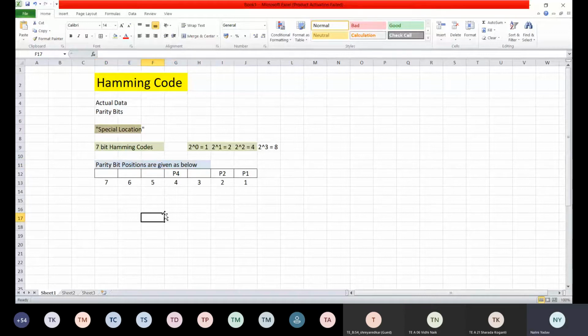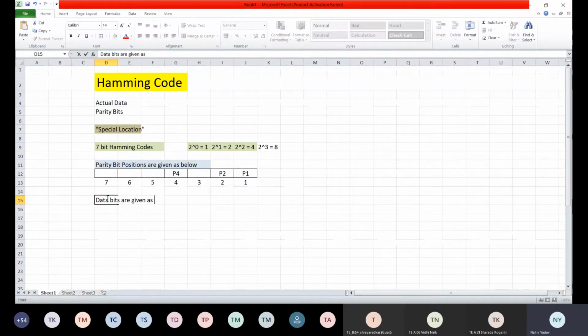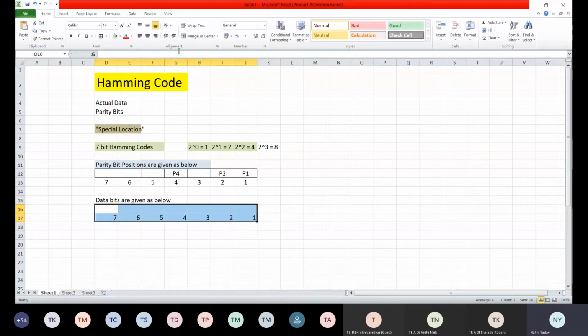Now we want to know where the data bits will come. These are my parity bits, so data bits means the actual data. Where will that actual data come? So data bits are given as below. Again, we will write the same 7, 6, 5, 4, 3, 2, 1. So these are my positions.